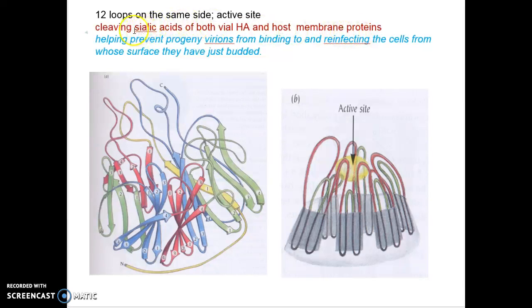What is the role of cleavage of sialic acid? It could help the progeny of the virus escape from the host cells where it was produced.